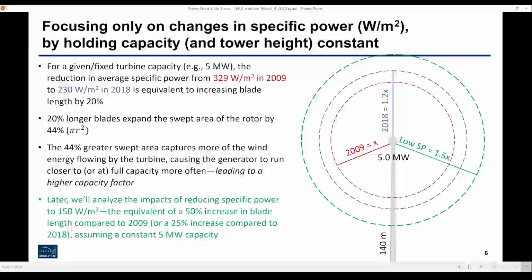And all else being equal, this will increase the turbine's capacity factor. And this is really the primary benefit of lower specific power, namely an increase in capacity factor. And as we'll see a little bit later, if you can achieve that higher capacity factor at a reasonable upfront cost for the longer blades that are required, then you'll also reduce your LCOE as well.